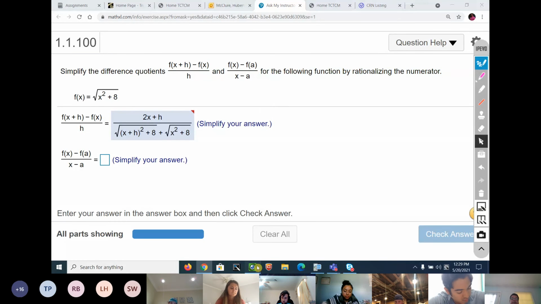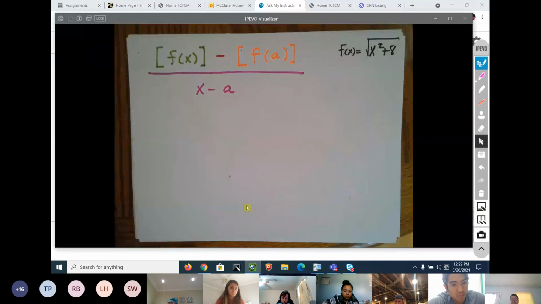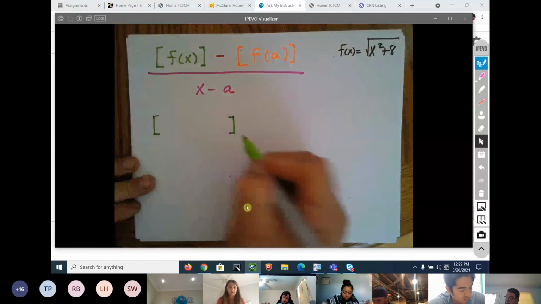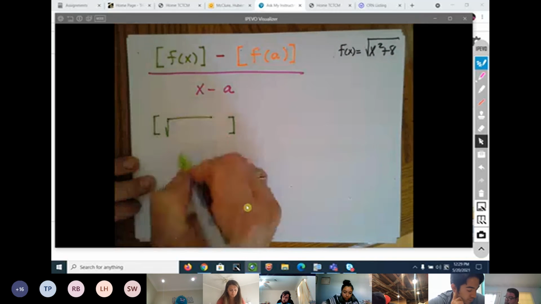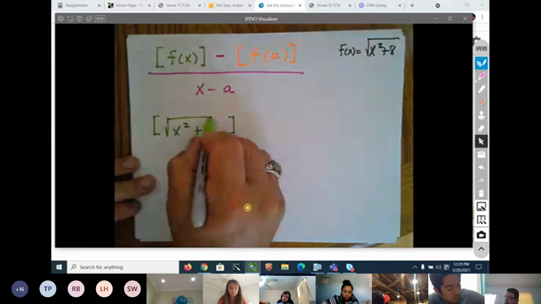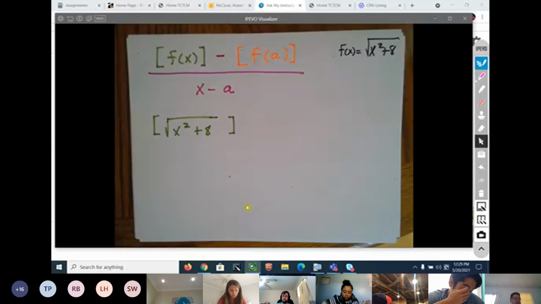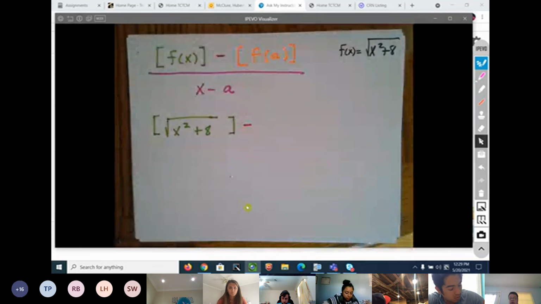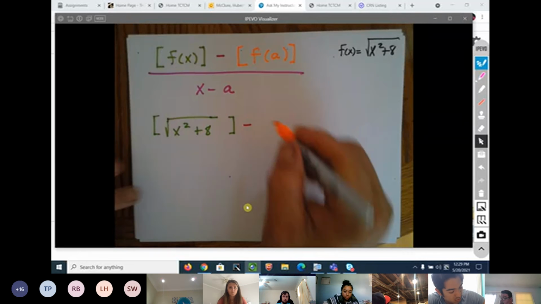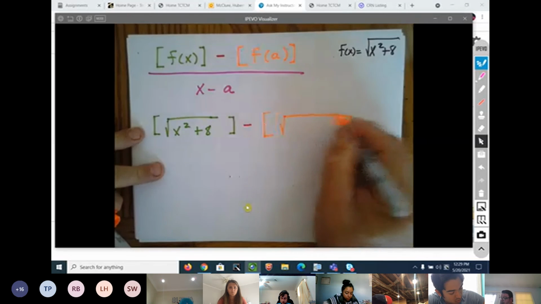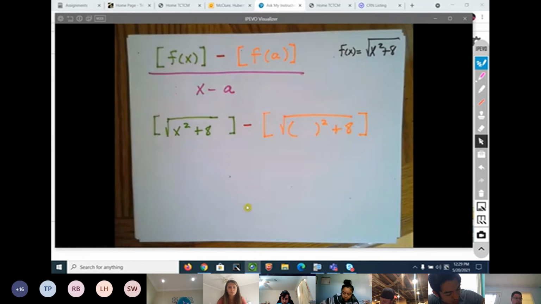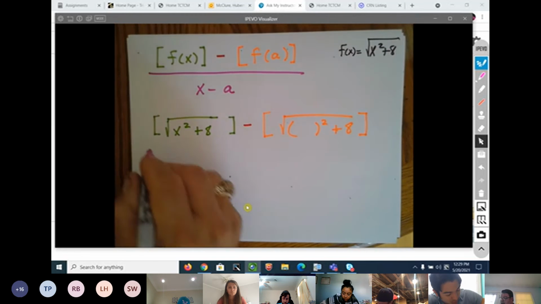And here is part 2. So I'm going to write f of x in brackets, square root of x squared plus 8, minus in red, and orange would be the square root of parentheses squared plus 8, over x minus a.